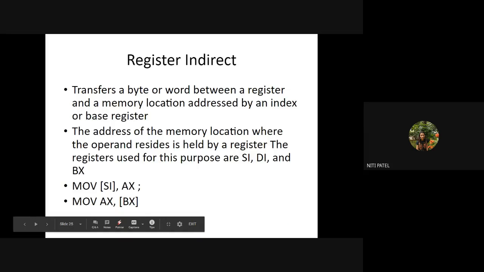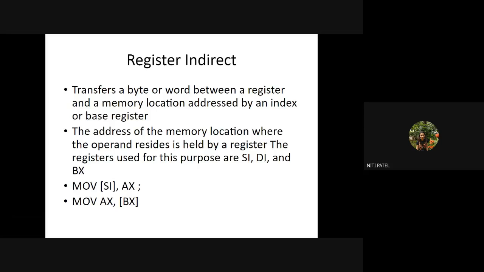Now look into your chat box. If I give you an instruction like this, MOV DI, AX. Can you call it a register indirect addressing mode? Yes. Why? Because DI is your index register. But if I give you an instruction, look into your chat box, MOV AX, CX.